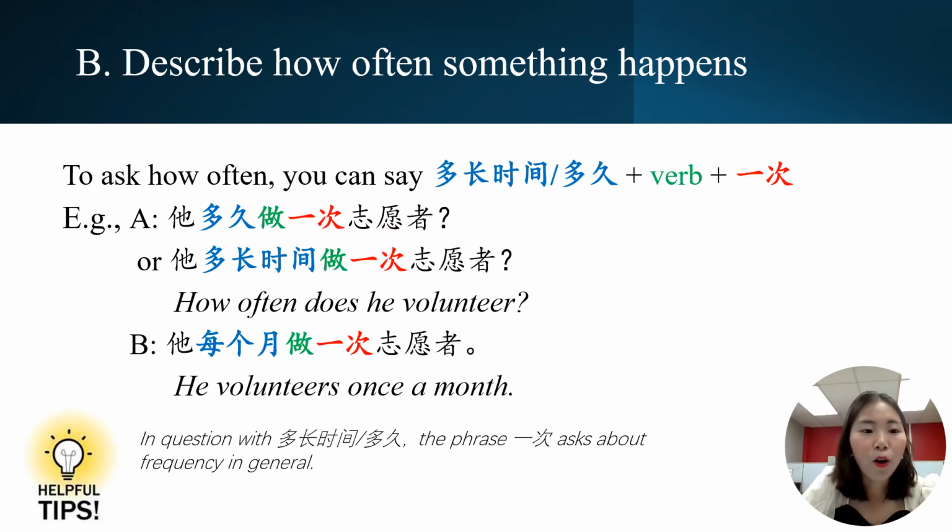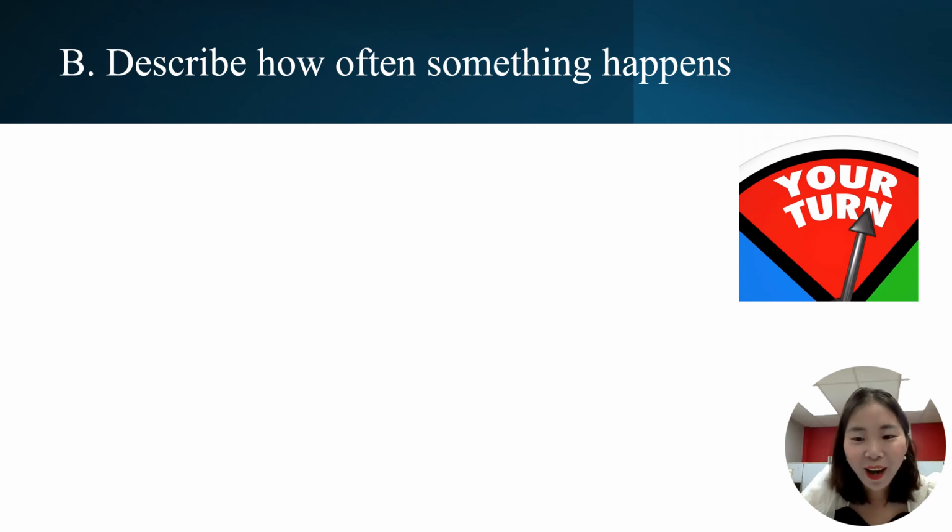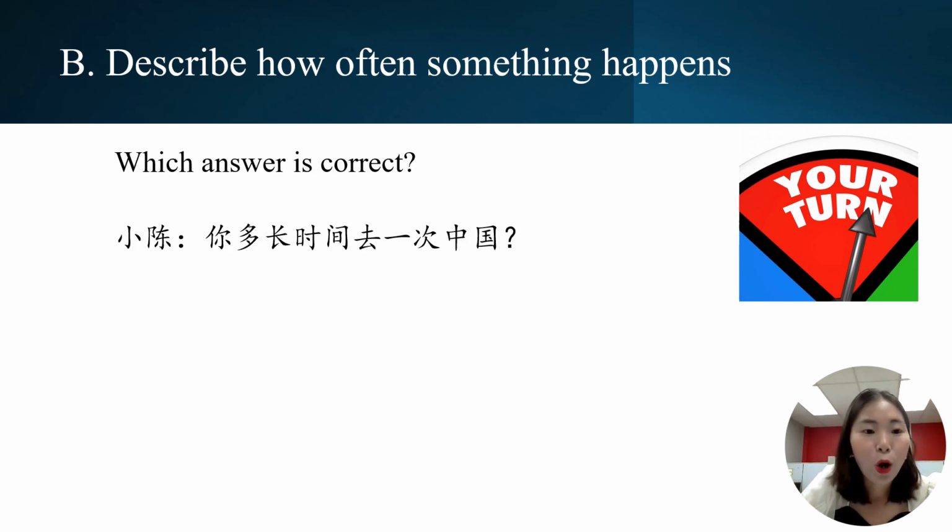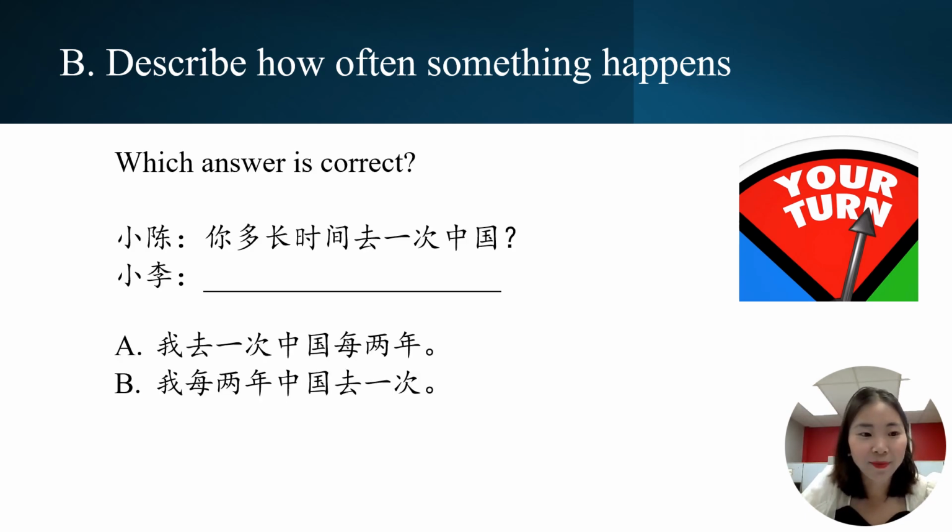To ask how often, you can say 多长时间 or 多久 verb 1次. 他多久做1次志愿者? 他多长时间做1次志愿者? How often does he volunteer? 他每个月做一次志愿者。He volunteers once a month. Now it's your turn. Which answer is correct?